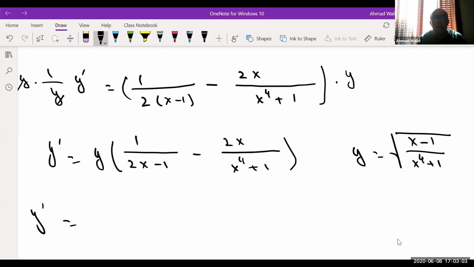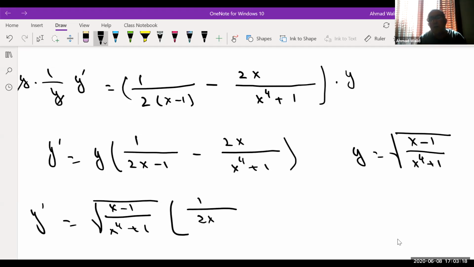Y prime equals square root of x minus 1 over x to the power of 4 plus 1 times this parentheses, 1 over 2 times x minus 1 minus 2x over x to the power of 4 plus 1. Final answer. Do not try to distribute. If it's easy, do it. If not, keep it this way.